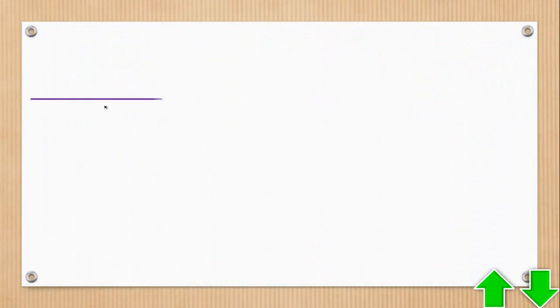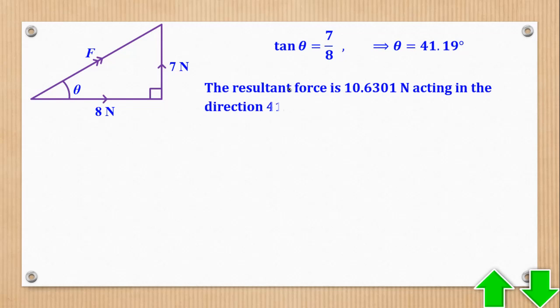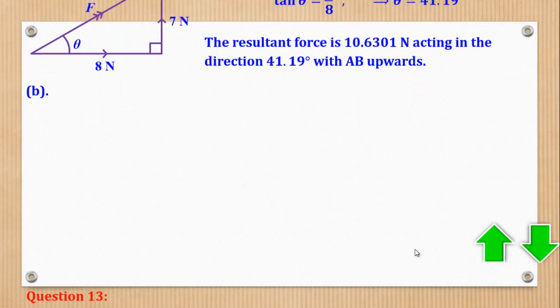So we shall come and draw a right angle triangle, positive horizontal, positive vertical, then line from start to end will denote the resultant. So tan theta is equal to opposite over adjacent, which gives you the value of theta. Then we can conclude.